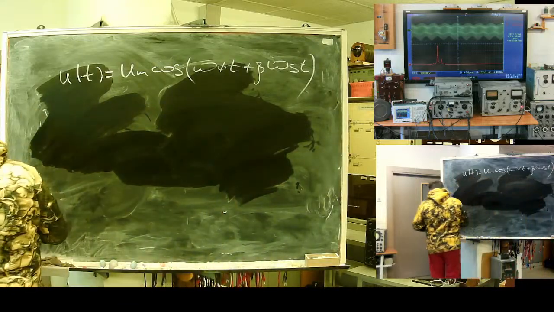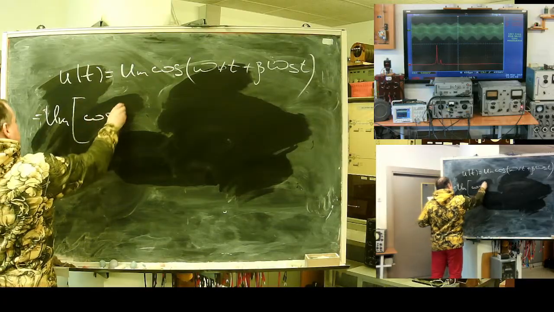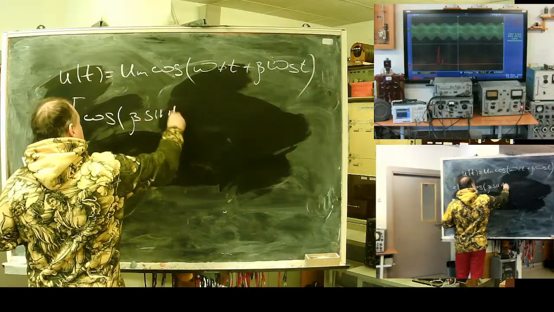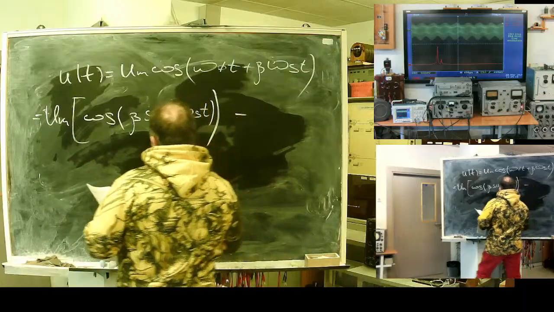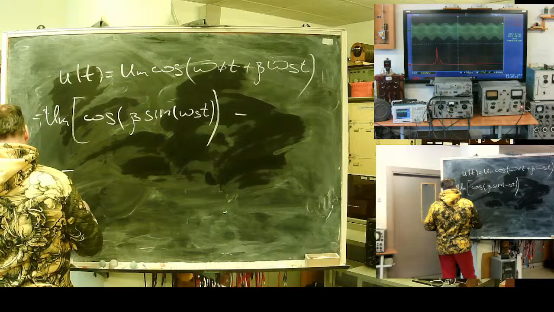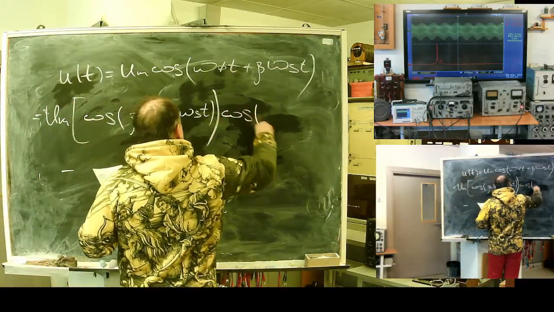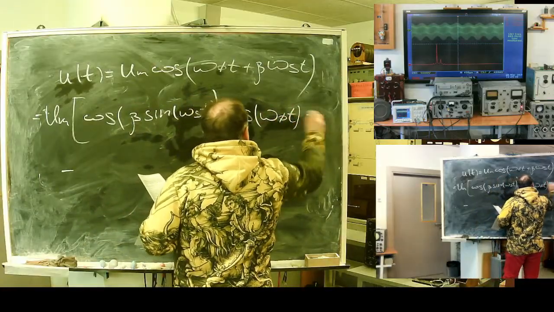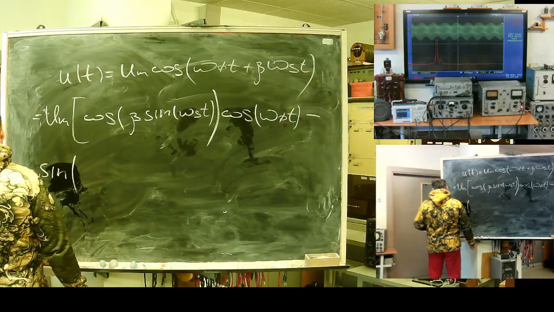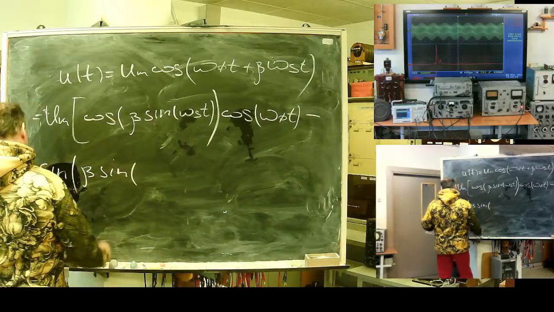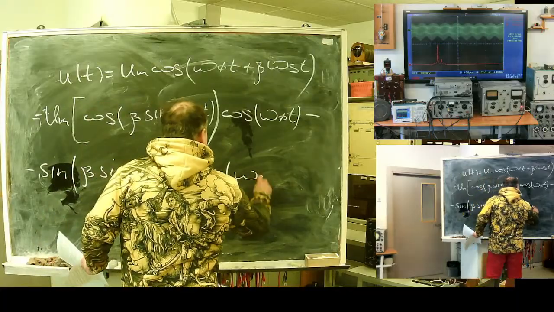We can rewrite it as Umax cosine of beta sine omega s t times cosine of omega 0 time, minus sine of beta sine of omega s time multiplied by sine of omega 0 time.